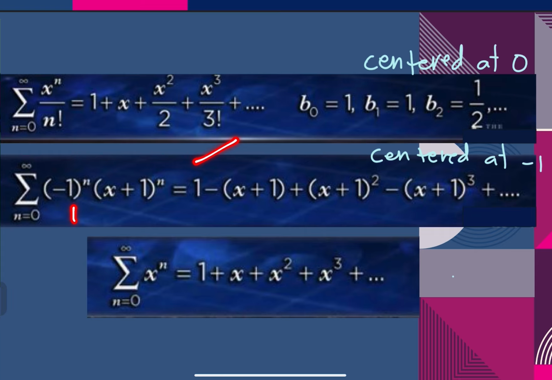Because negative 1 to the 0 is 1, and x plus 1 to the 0 power is 1. Then minus x plus 1, plus x plus 1 squared, minus x plus 1 cubed, and so on. So it's an alternating series, isn't it?